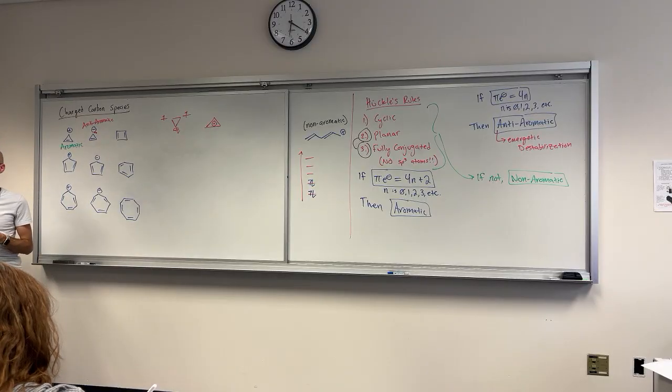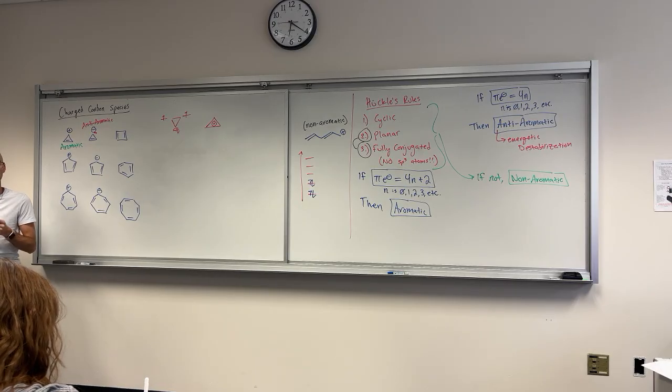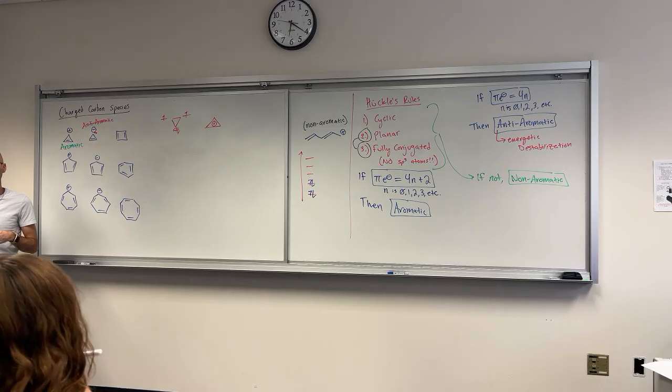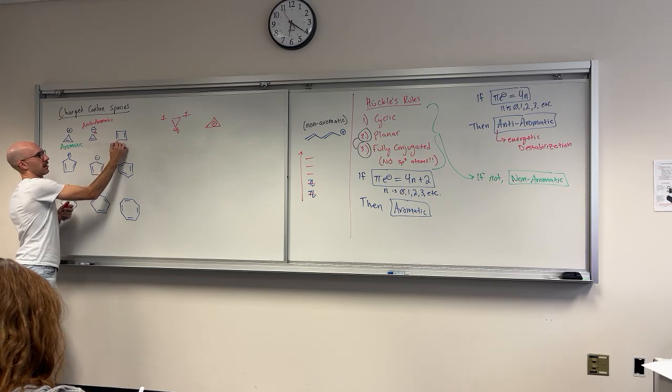Cyclobutadiene. Is it cyclic? Is it planar? And is it fully conjugated? It is. Pi electrons satisfies which equation? Anti-aromatic. This is an anti-aromatic compound.